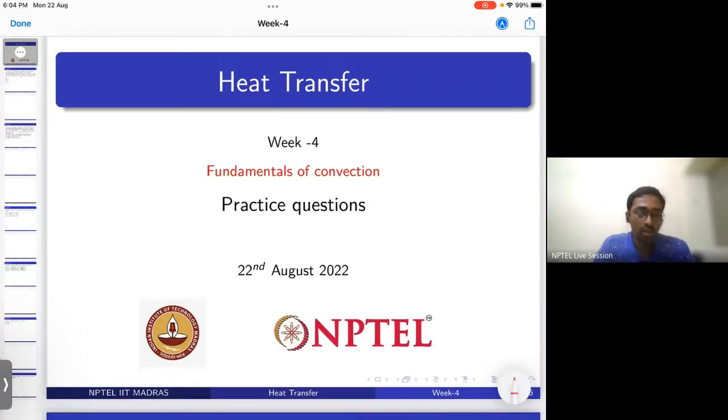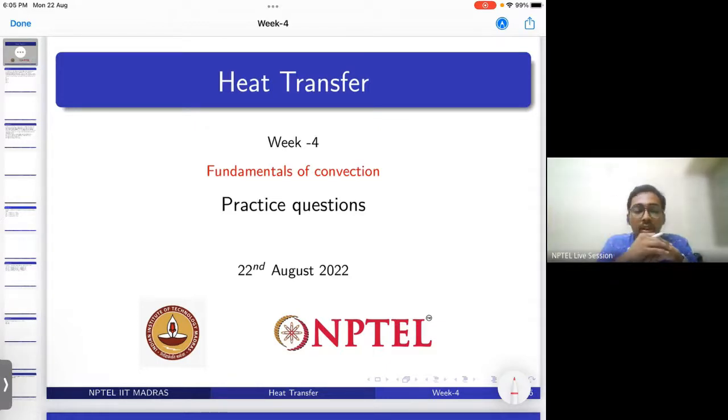So today we will be discussing the week four topics, which was the fundamentals of convection. I will just give a brief overview. The introduction to convection was the main topic for week four, where the convective heat transfer coefficient, Nusselt number, etc. were discussed.